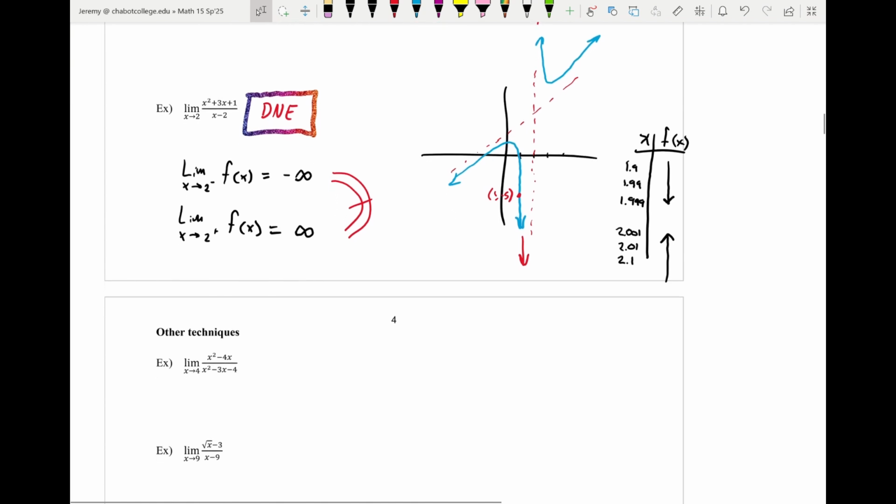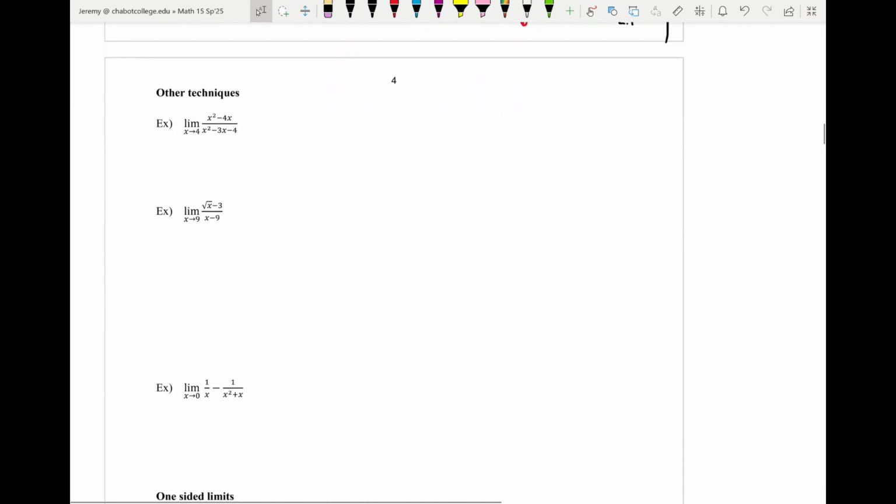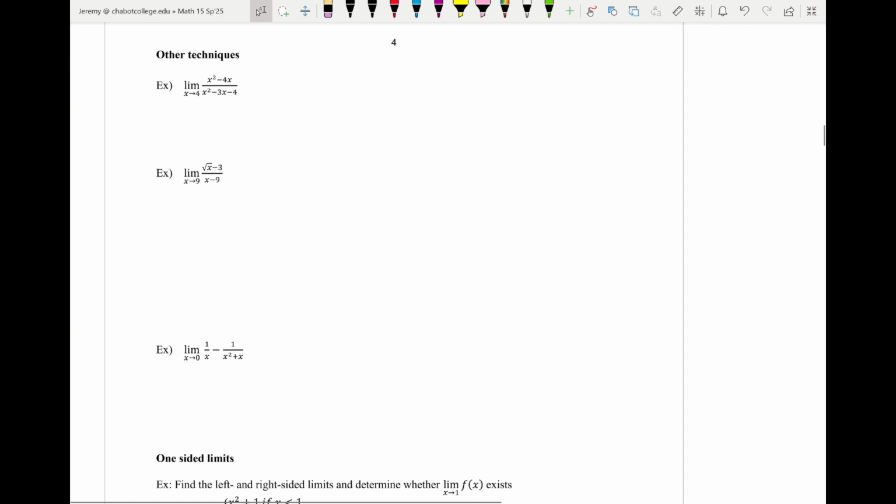Okay, let's do a few more. On page 4, let's explore some other techniques. So for the limit as x approaches 4 of (x squared minus 4x) over (x squared minus 3x minus 4). First thing I always try, can I direct substitute here? If we plug 4 into the denominator, are we going to get a 0 down there, right?